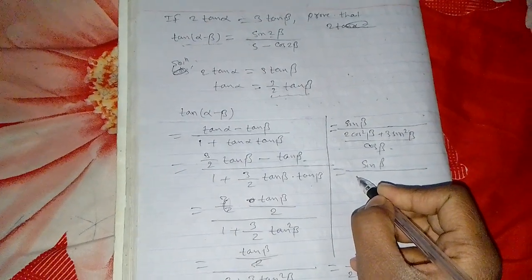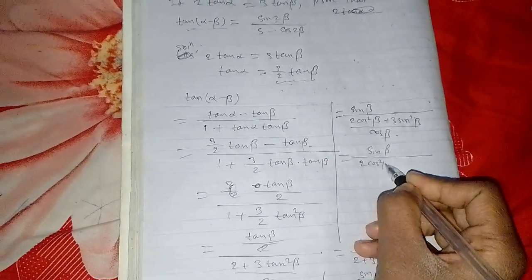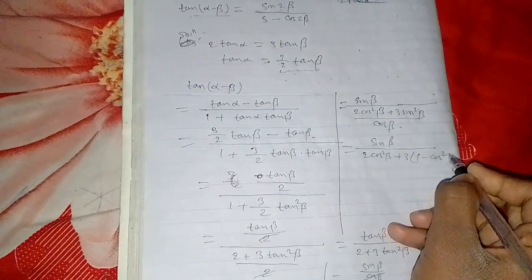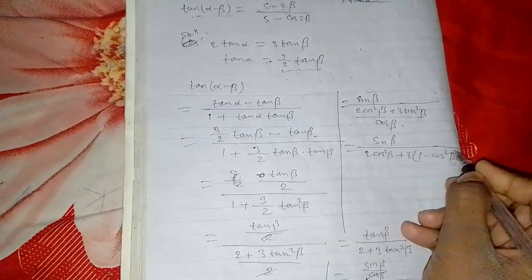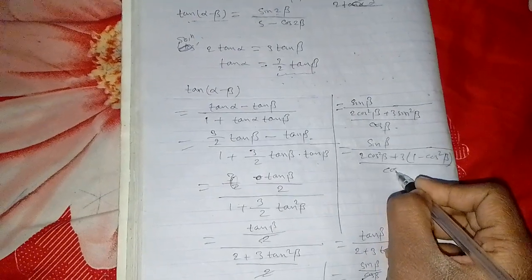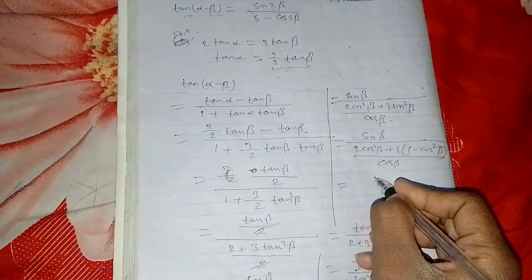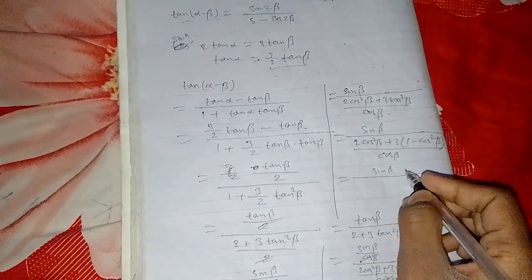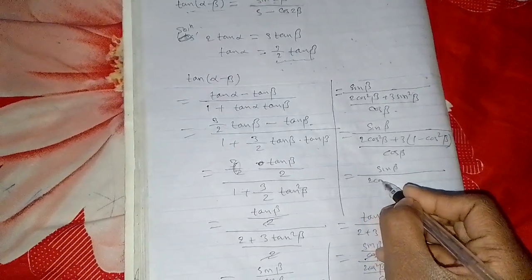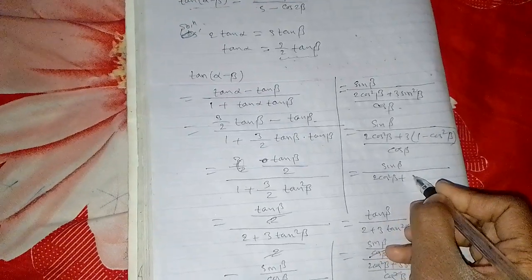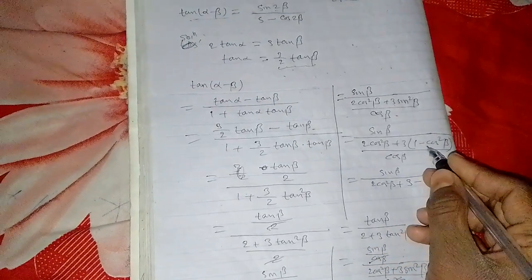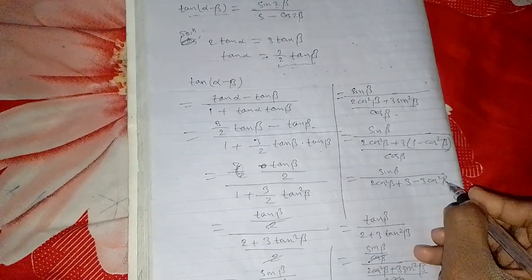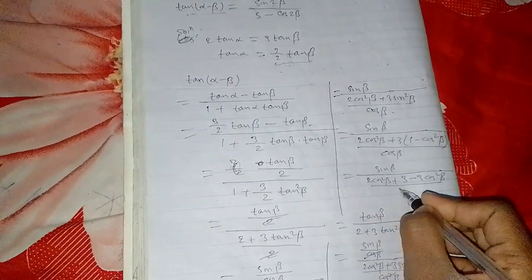Okay, so this will be 2 cosine squared beta plus, I can write this as 3 times 1 minus cosine squared beta, divided by cosine beta, is equal to sine beta divided by, now, this will be 2 cosine squared beta plus 3 minus 3 cosine squared beta divided by cosine beta.